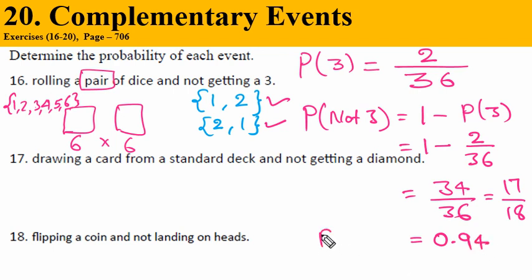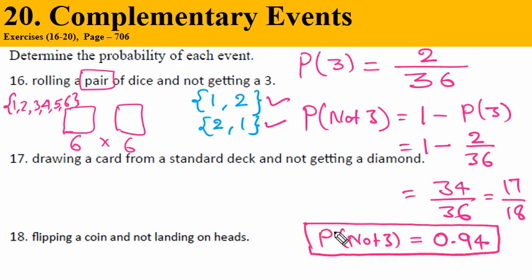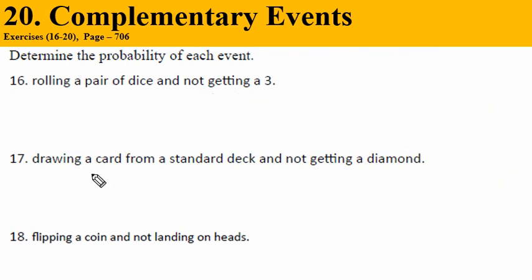So the probability of not getting 3 is 0.94. If you want to change it to a percentage, multiply with 100, and you will get 94%. So the probability of not getting 3 is 94%. I hope you understood this. Let's start the next question then.